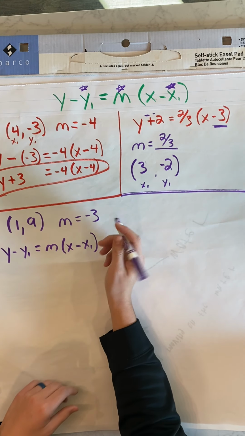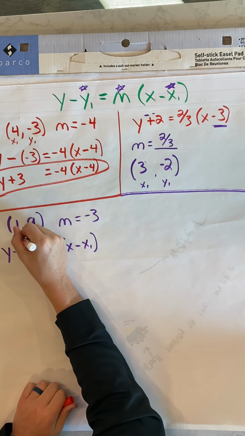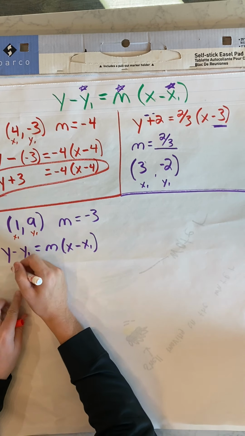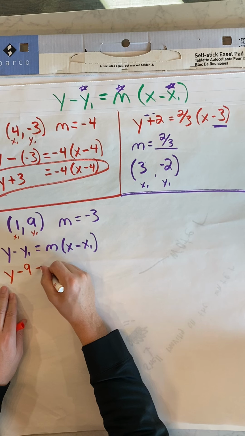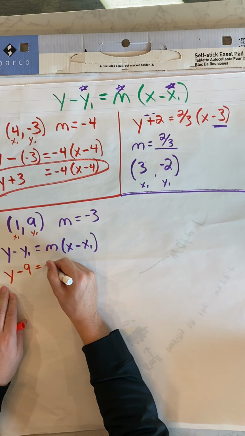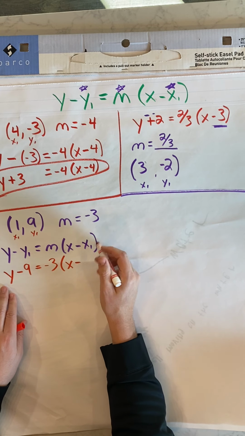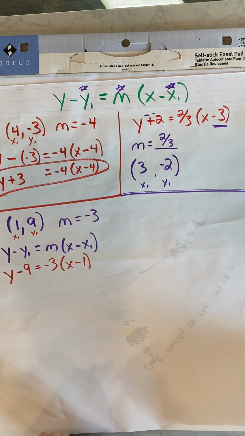Now it's just a matter of substituting our points in. So when we look at this, this would be x1, this is y1. So it's going to be y minus what y1 is, 9, equals what m is, negative 3, times the quantity x minus x1, which is 1. There it is.